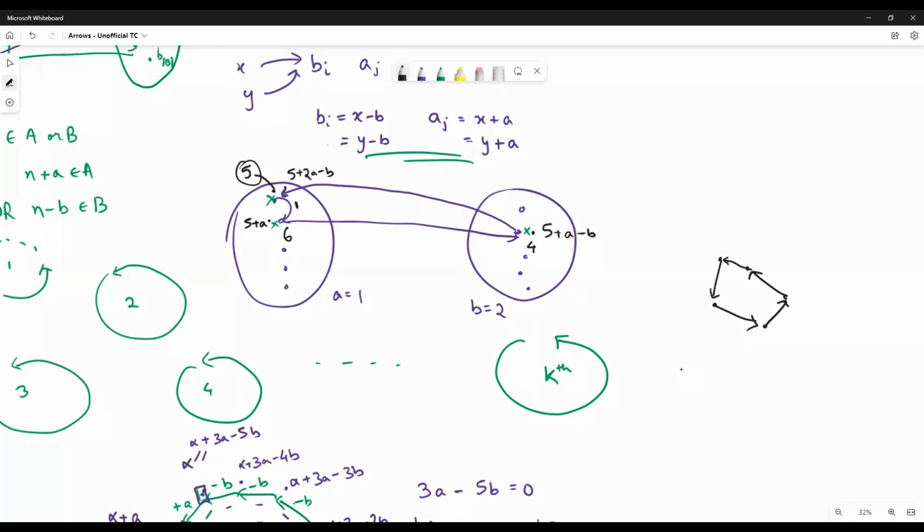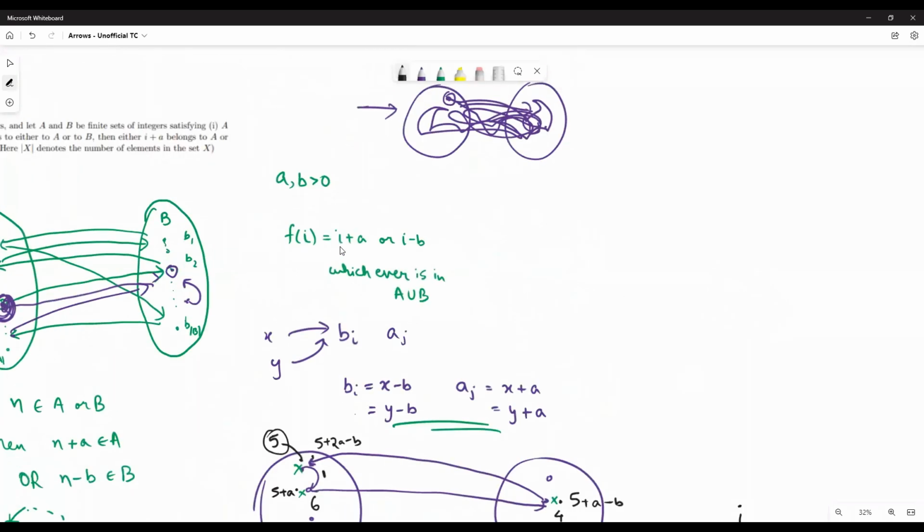What's the next operation after reaching this number? Either it's I plus a or I minus b. This is what we've defined: f of I equals I plus a or I minus b.